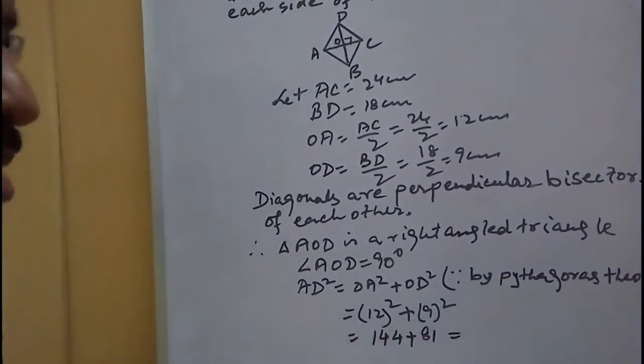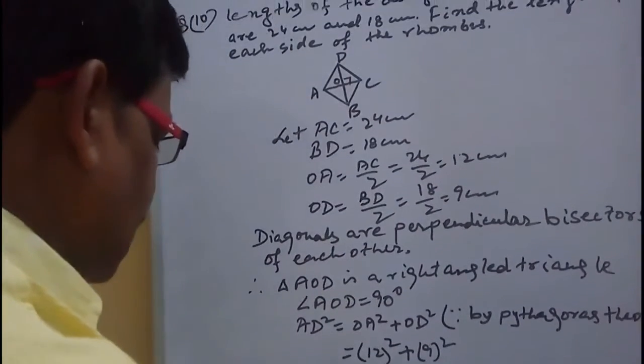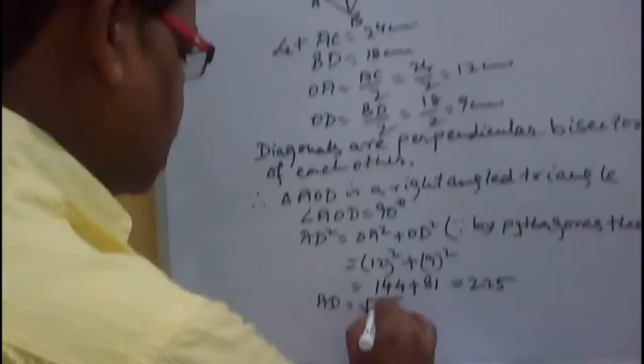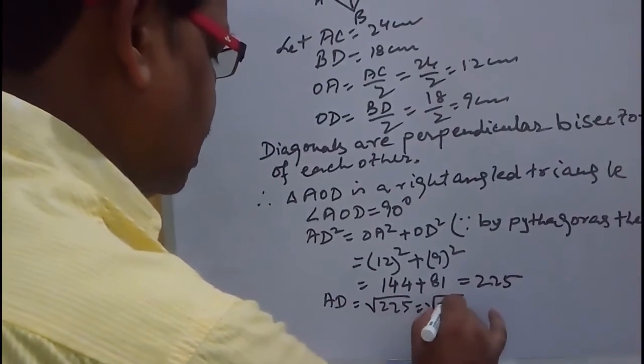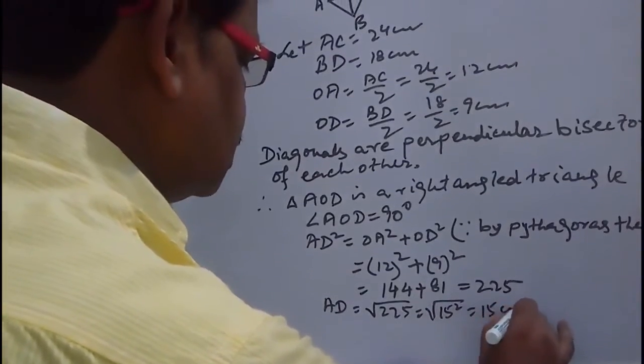Now add these two numbers, which is equal to 225. So AD is equal to root over 225, 15 square, that is equal to 15.